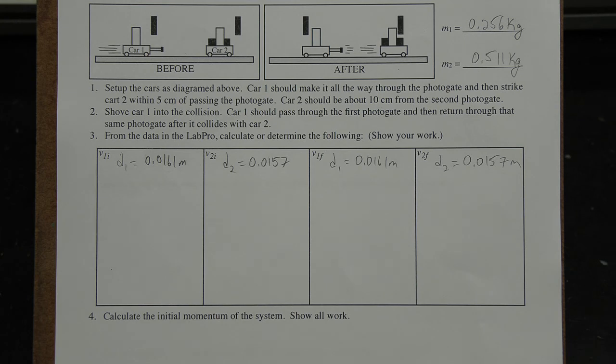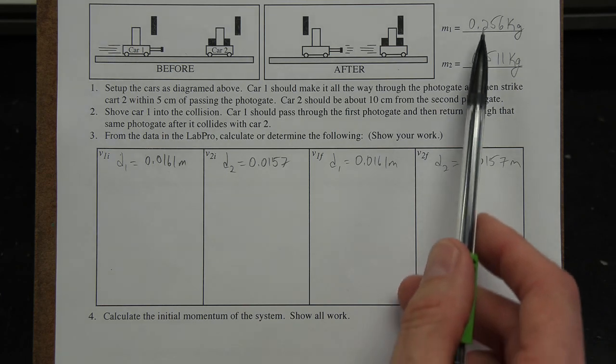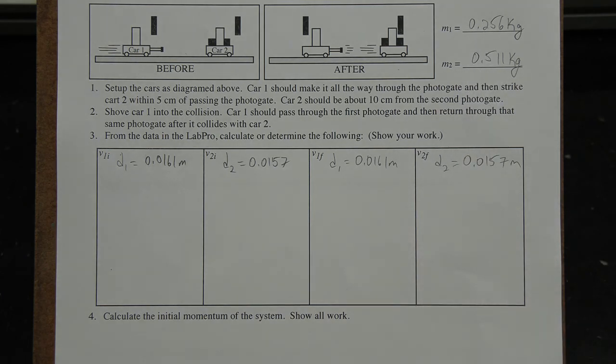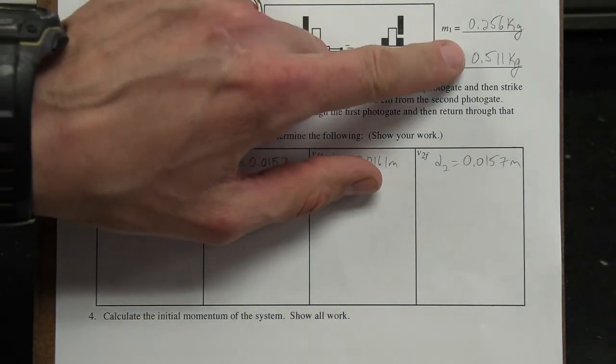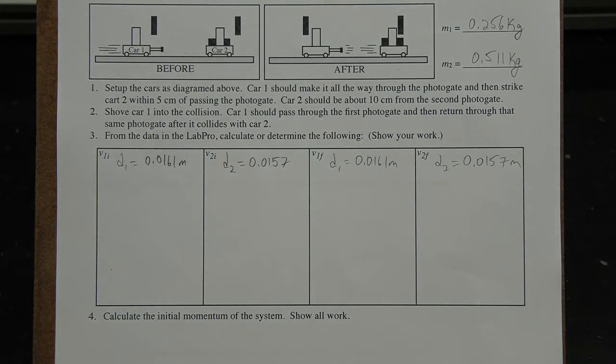Well, it's time to perform our calculations and show that PI equals PF for the system. Now, P, or momentum, is equal to mv. So we already have our 2 masses, so that's a start. Again, remember, you have your own masses from the Google Stream. Now, to get the velocities, we need distances and we need times.